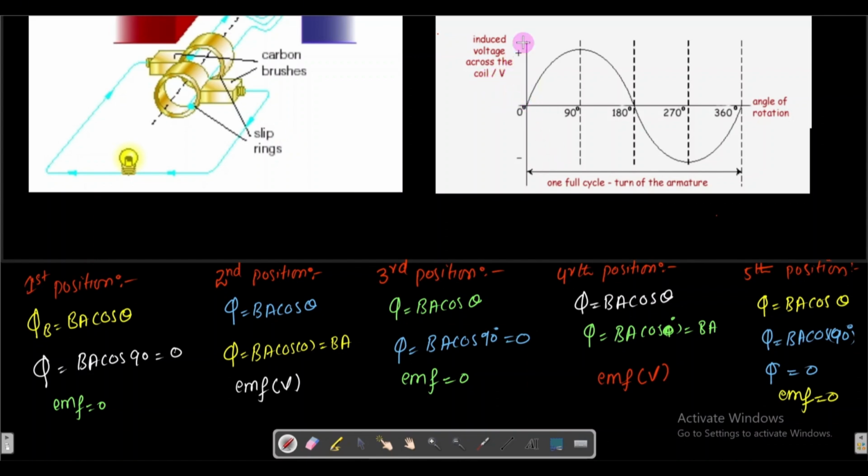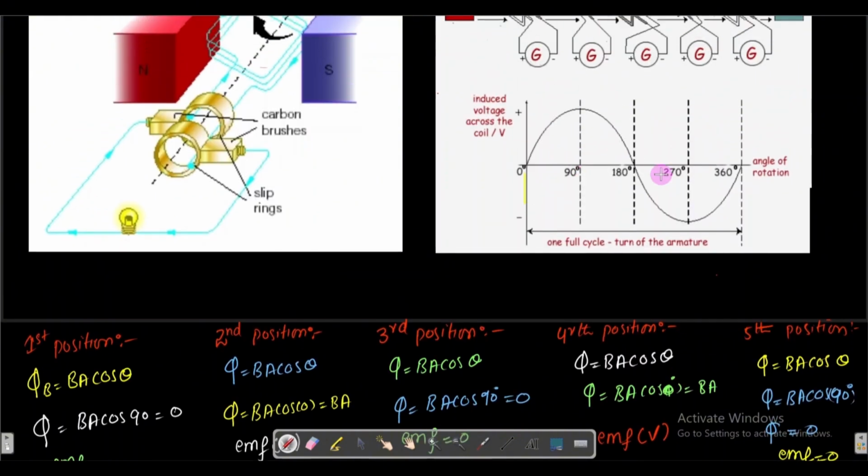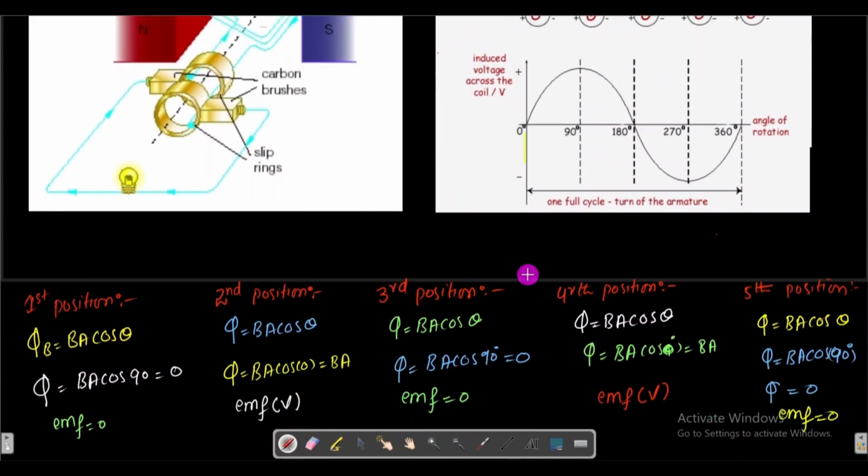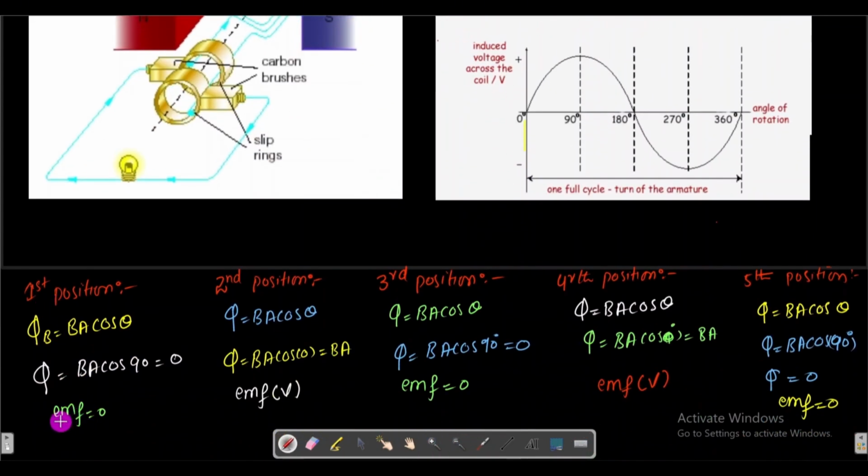This is the positive value of the EMF, and this is the negative value of the EMF. So this is actually a different snapshot. In this first position we will have the EMF equal to 0. So here the EMF is 0.